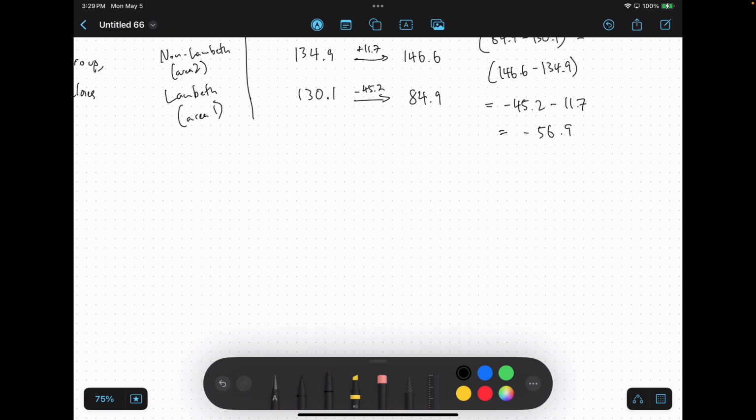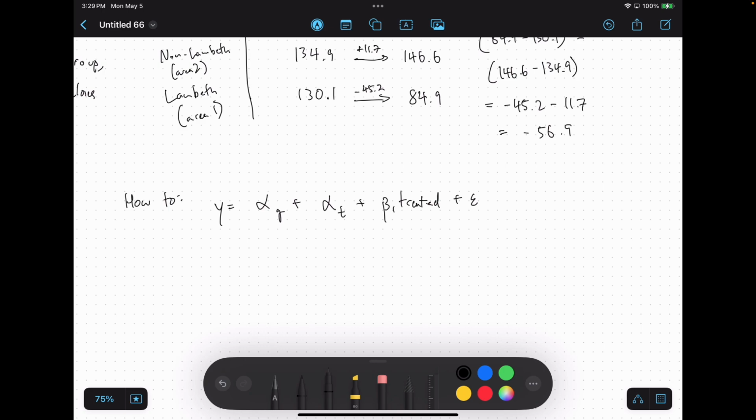So when you have two groups, it should look something like this. y is equal to, where you have an effect by group and effect by time.